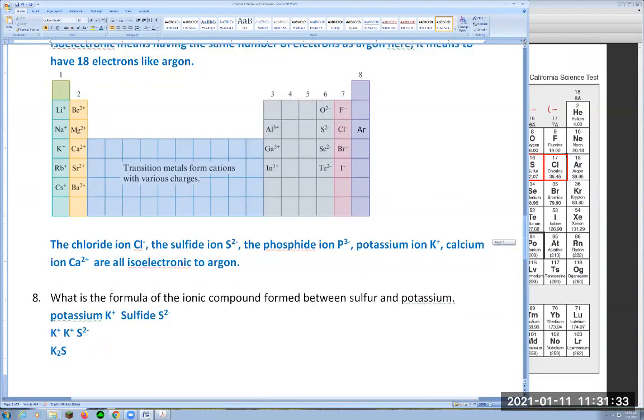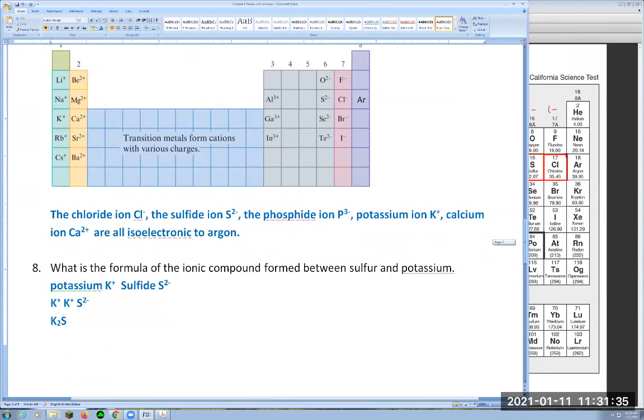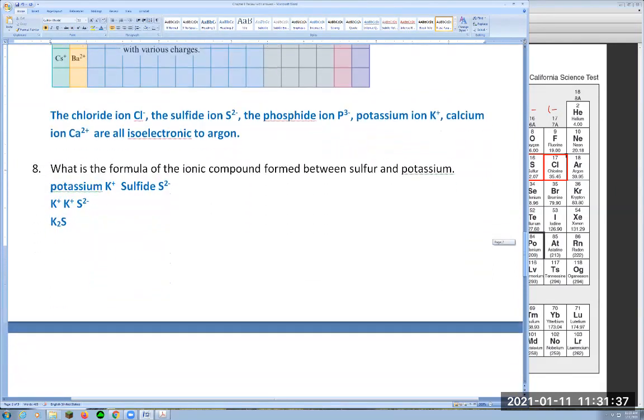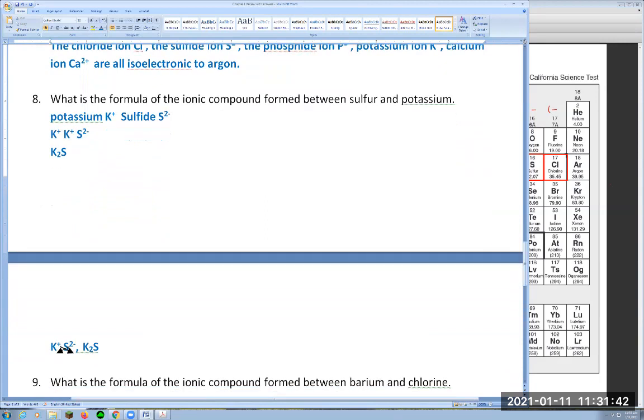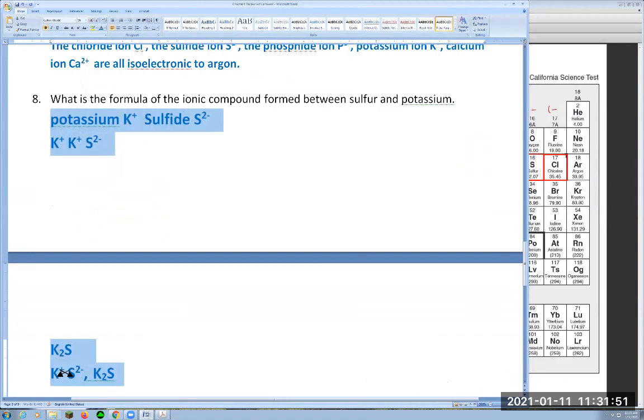The other way to do it is to use the crisscross trick. Let me show you how it looks when we do the crisscross trick. You use arrows. One arrow will go from the 1 of the plus charge of the potassium, and it will become a 1 subscript for the sulfur.